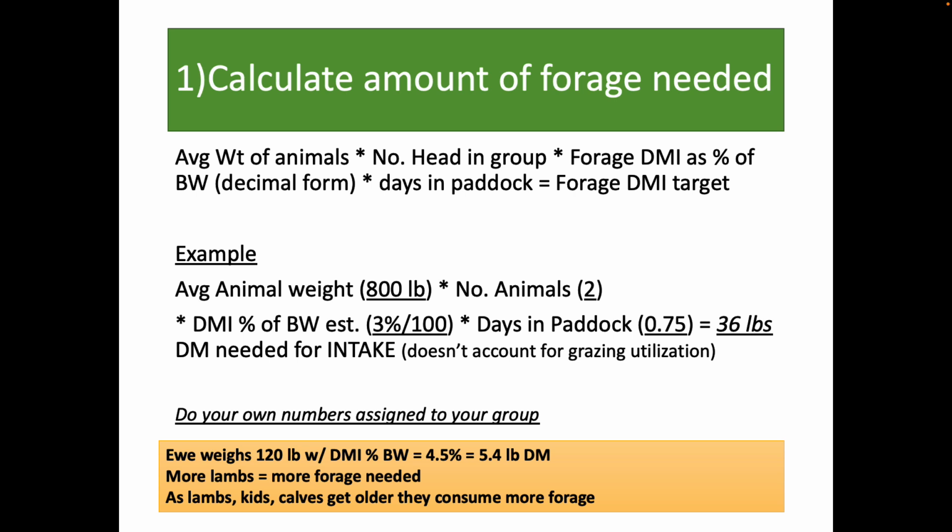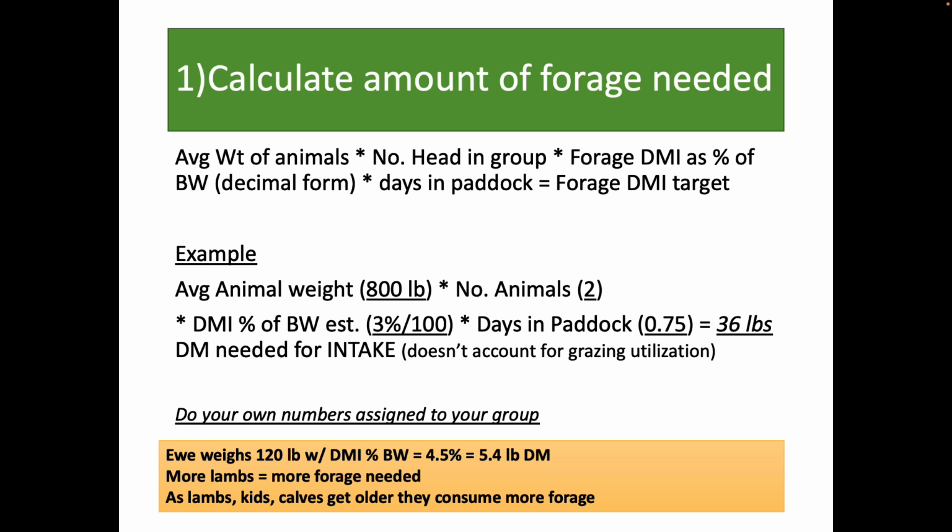Where I say the heifers weigh 800 pounds, your mature cows on average weigh 1,400 pounds. Under number 1, the blank says animal weight in pounds. Write down 1,400.